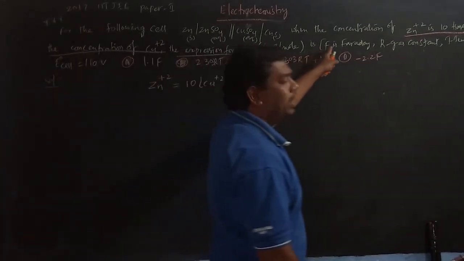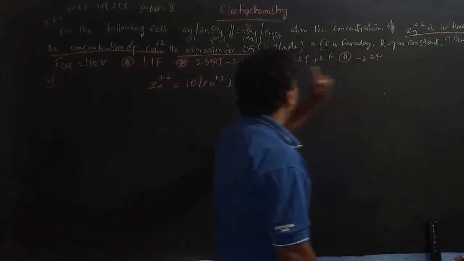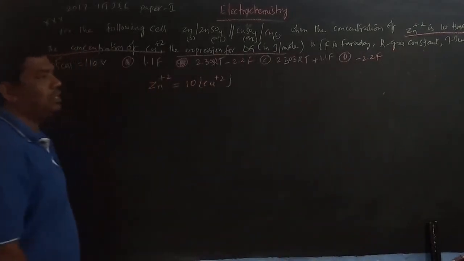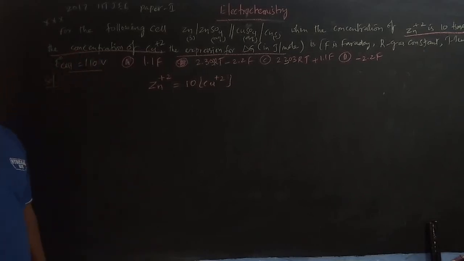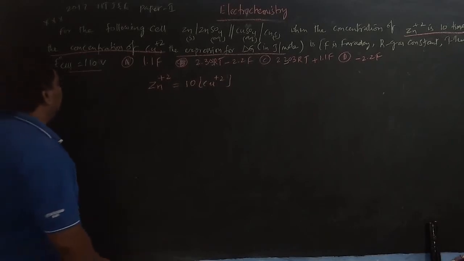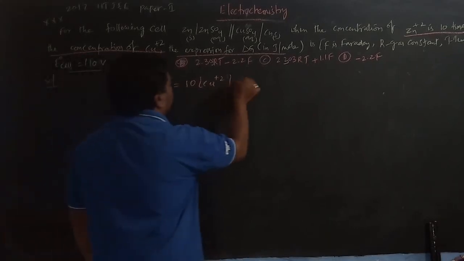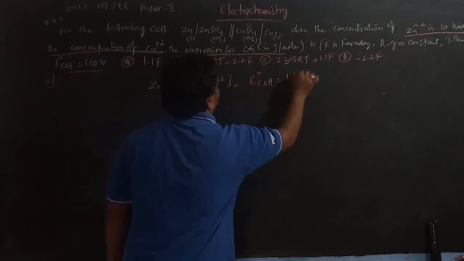Here the Faraday constant, the gas constant R, and the temperature T are constant. Also, he has given the standard cell potential, E naught cell, which is equal to 1.10 volt.